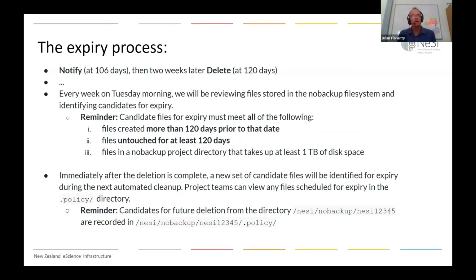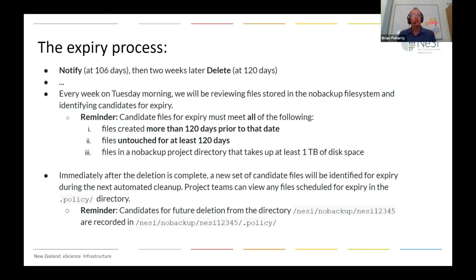So that's 2 weeks after you receive your initial email notification. In 2 weeks from now, the first deletions will happen. Once that deletion process is finished, new candidates will be identified for expiry 2 weeks later after that date.